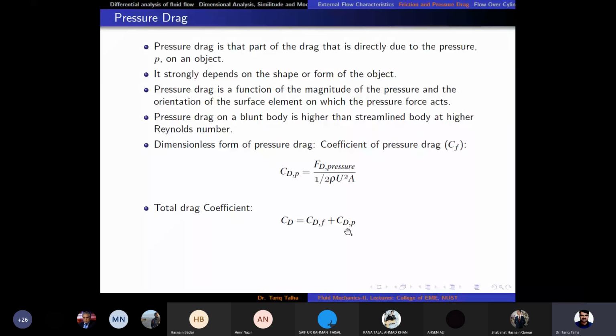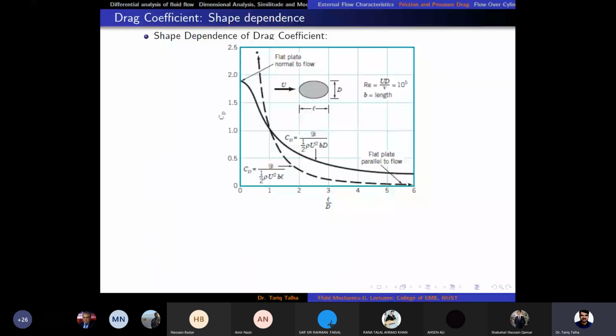So the total drag force would again be the summation of drag force due to friction and drag force due to pressure difference, right? And here, the CD, which is the coefficient of drag, is shown for two cases. One is a flat plate normal to the flow, and the other one is a flat plate parallel to the flow.